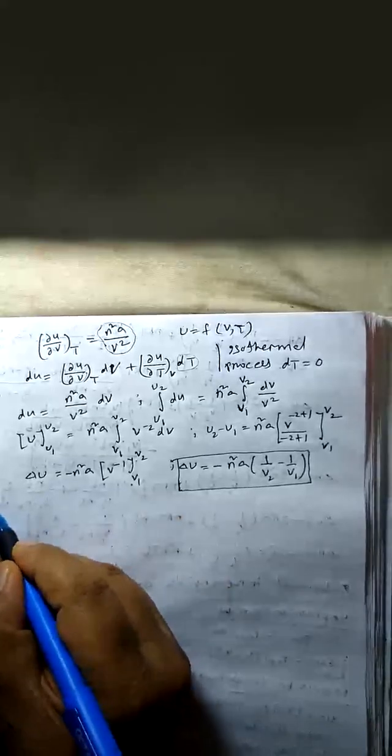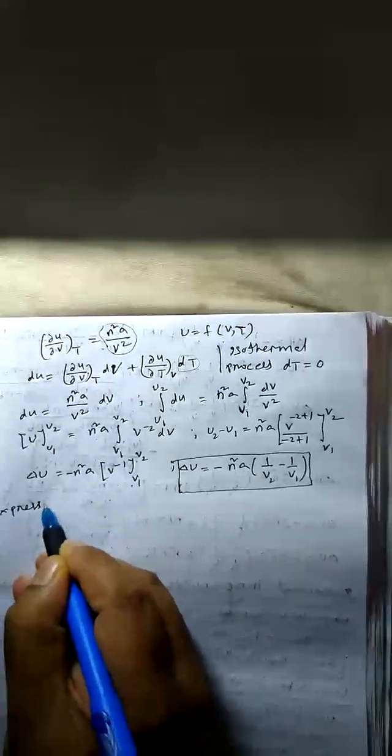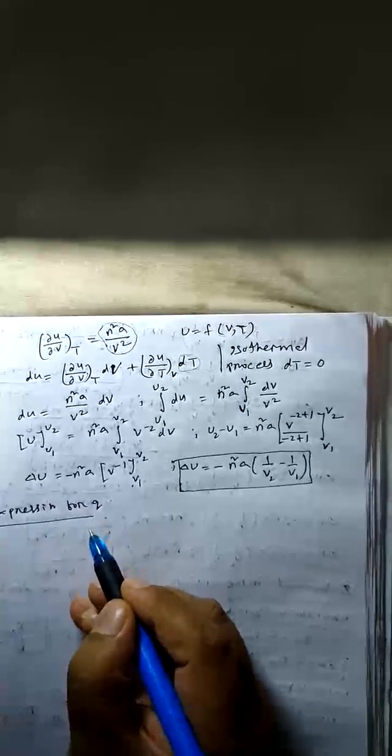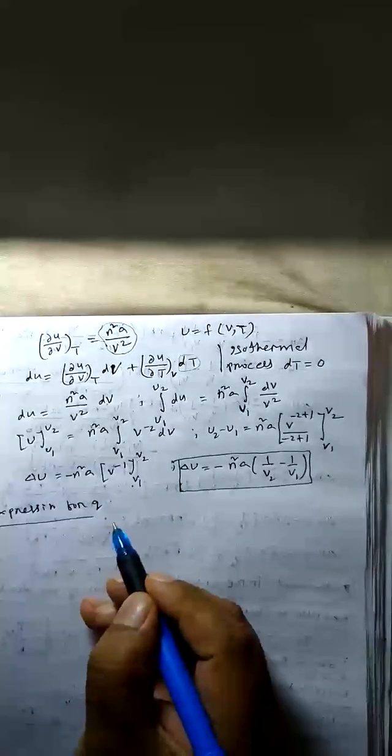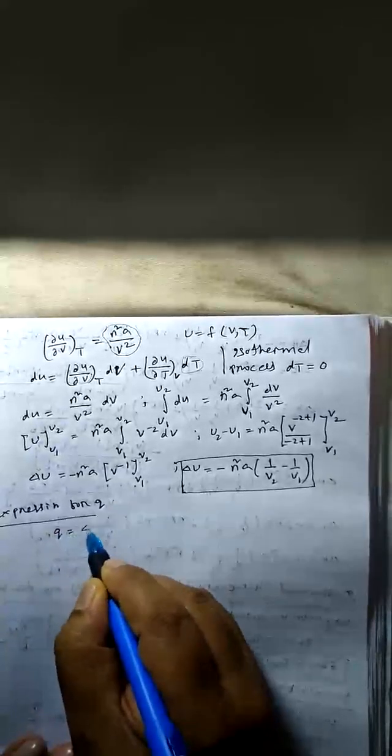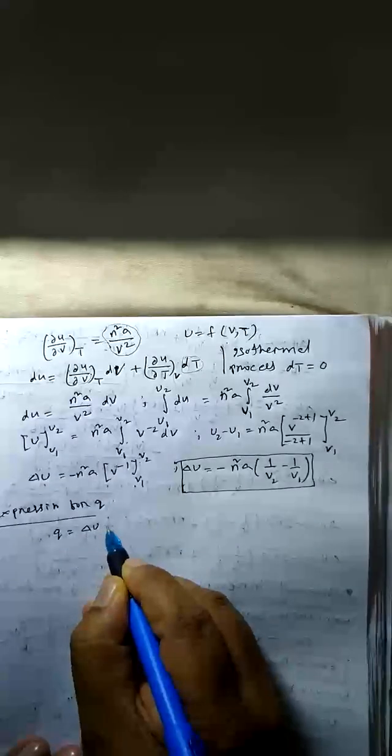Then again we have the expression for Q. This is the expression for U. Expression for Q. Q means, from the first law of thermodynamics, we know that Q is equal to delta U minus W, where W is the work done by the system.